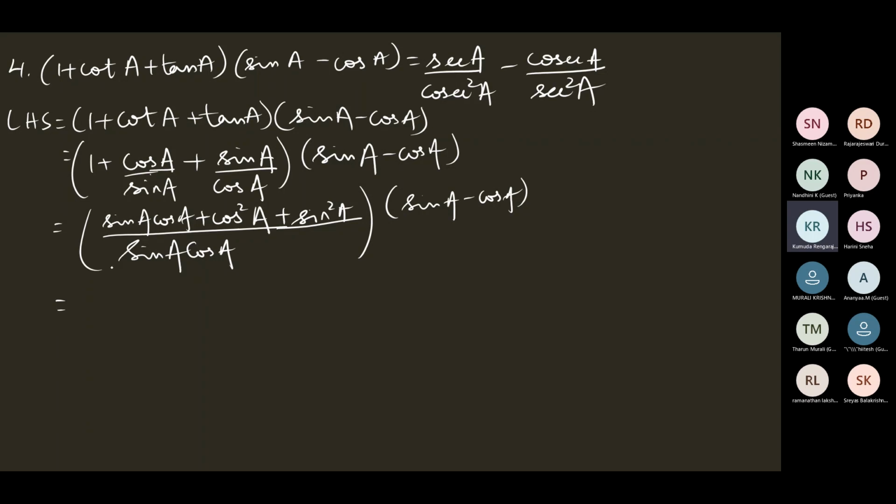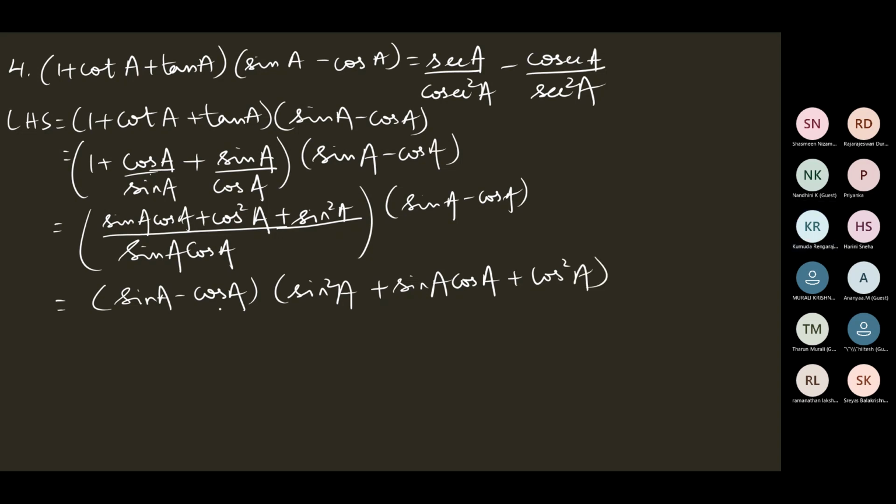When you multiply the numerators, you get sine A minus cos A into sine square A plus sine A cos A plus cos square A, divided by sine A cos A.